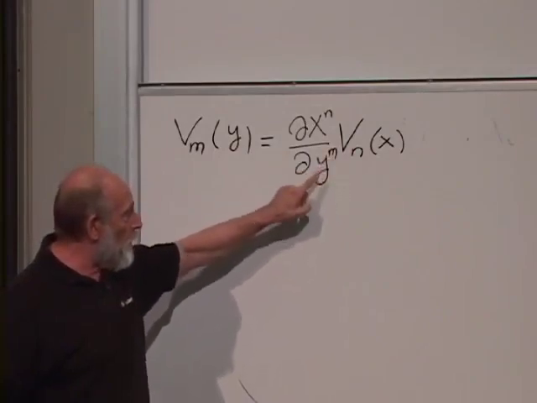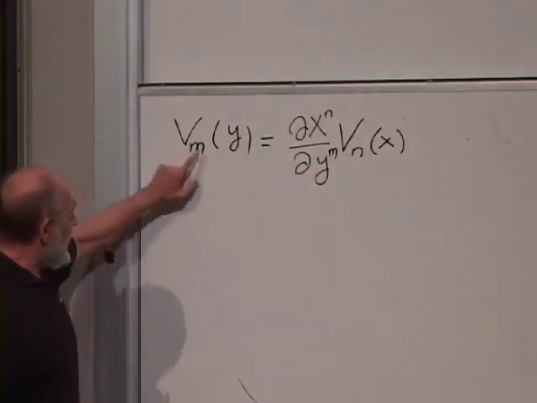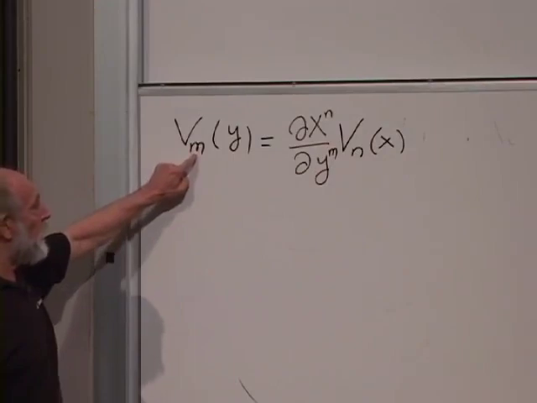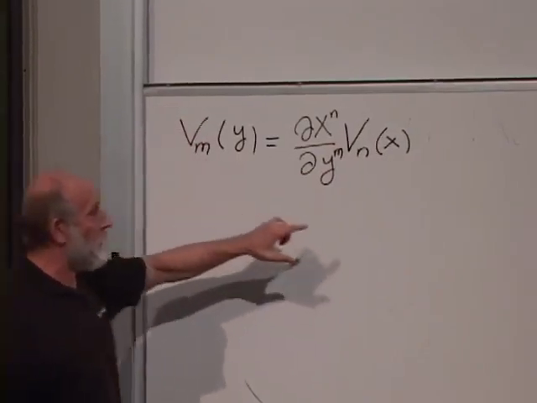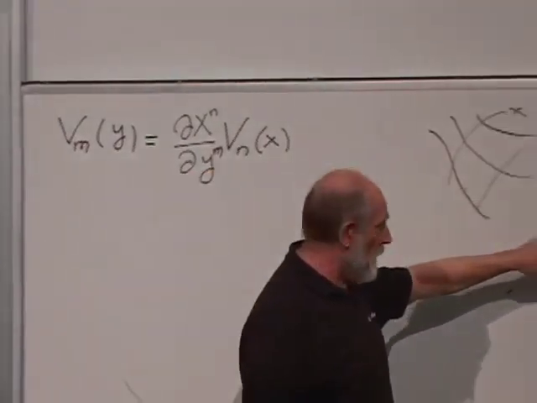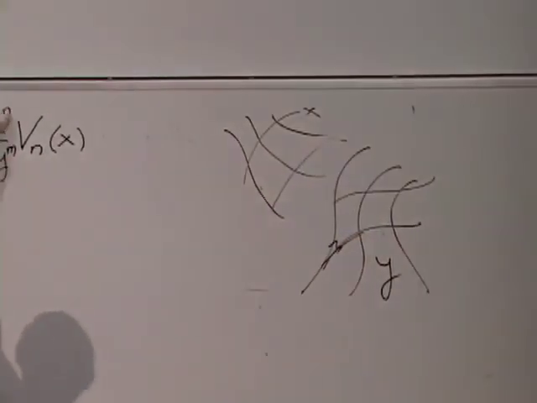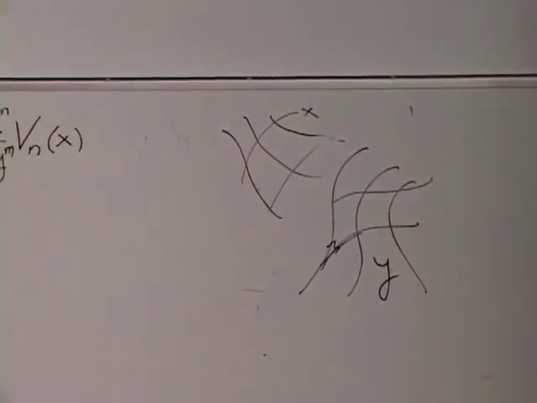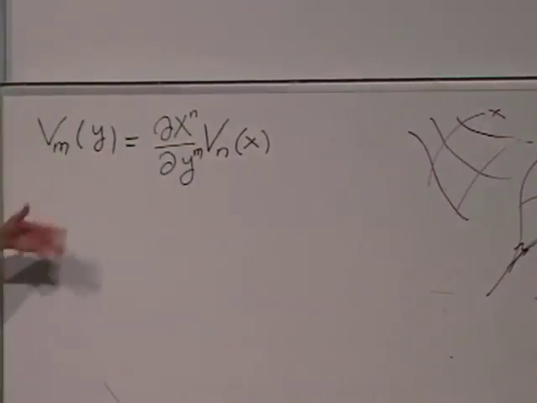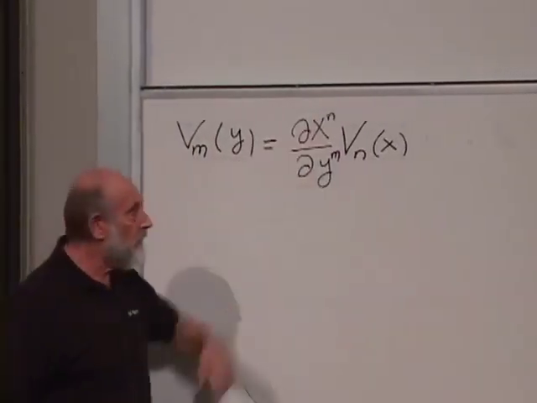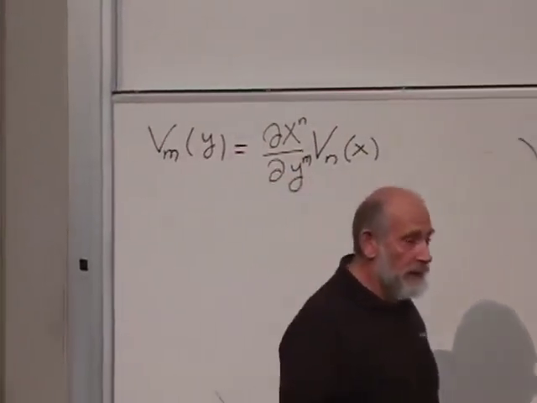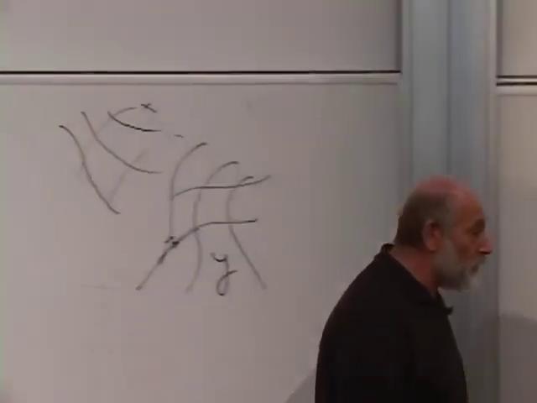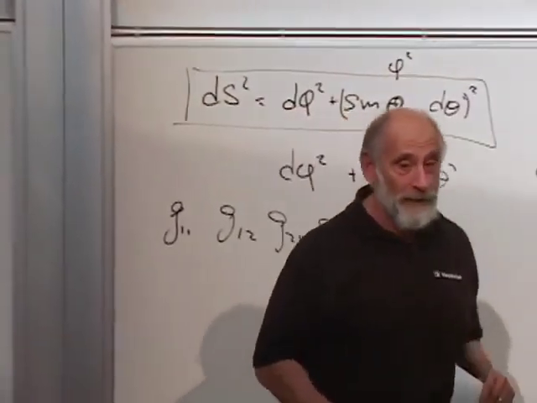It's the mth y coordinate here. And on the left-hand side, this also has to do with y, because we're talking about the components of the vector in the y-coordinate system. The x-coordinate system, that's been summed over, and it appears only as a dummy index here. This is the transformation property of a vector. If it doesn't transform this way, it's not called a vector.